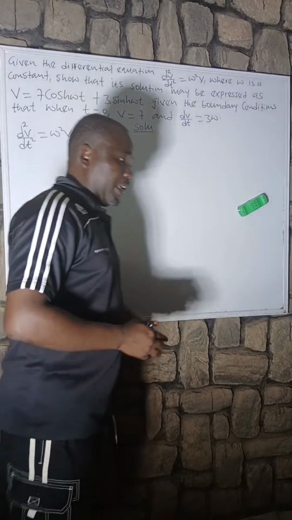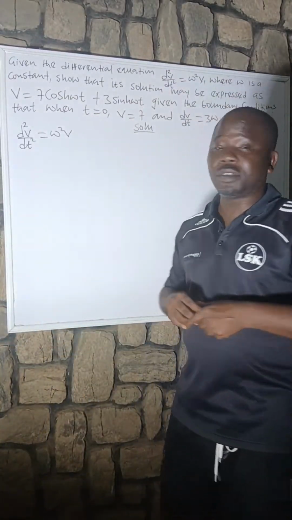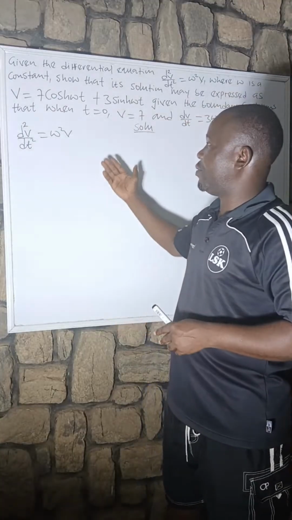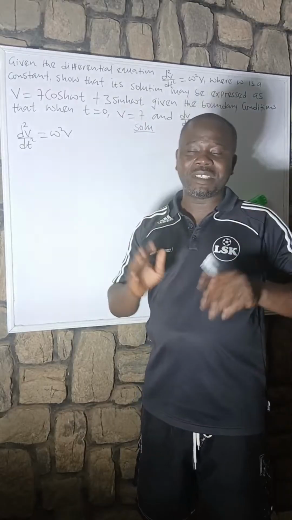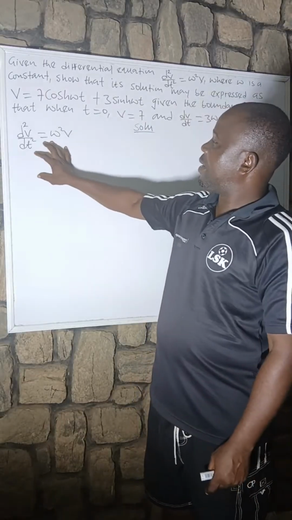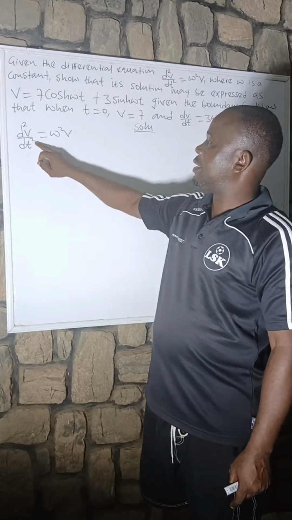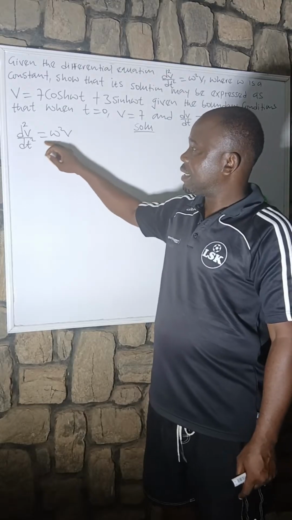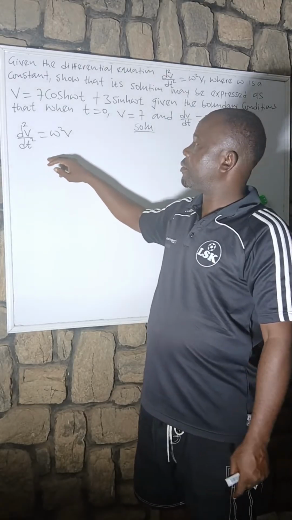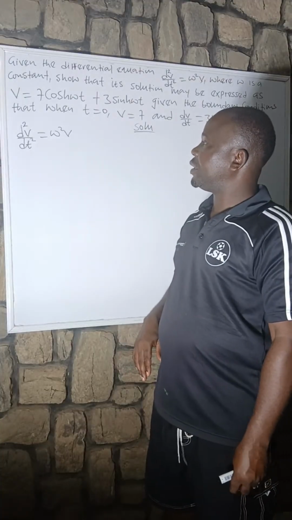Let us just assume that this is the first time you are seeing something like this and you don't know anything in mathematics. When you come across something like this, because of this square, this is a second order differential equation. Is that clear?